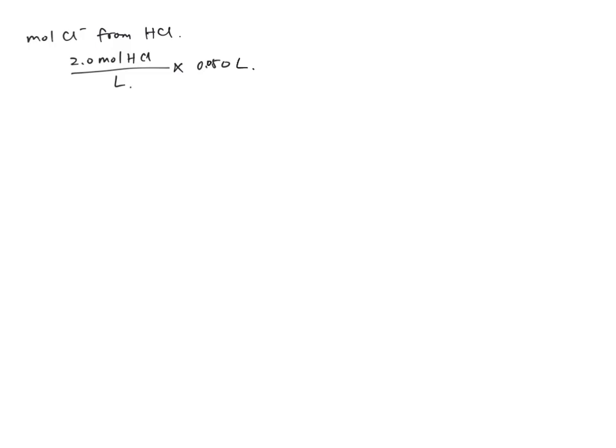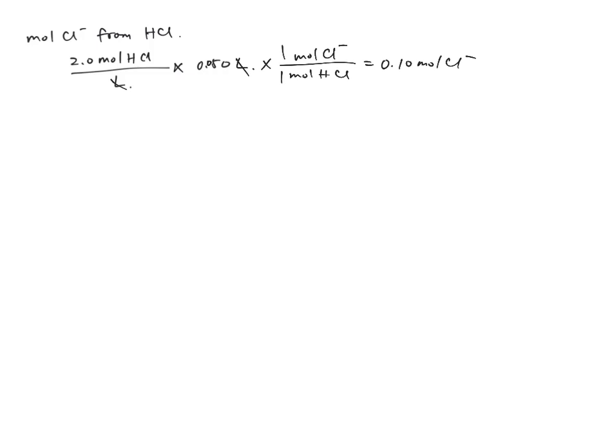Concentration times volume, cancel liters, gives moles. But this is the moles of HCl, so I don't really need moles of HCl. What I want is moles of chloride ion. And good, this is a strong acid. Each 1 mole of HCl should give me 1 mole of chloride ion. So you can turn your result into 0.10 mole of chloride ion.